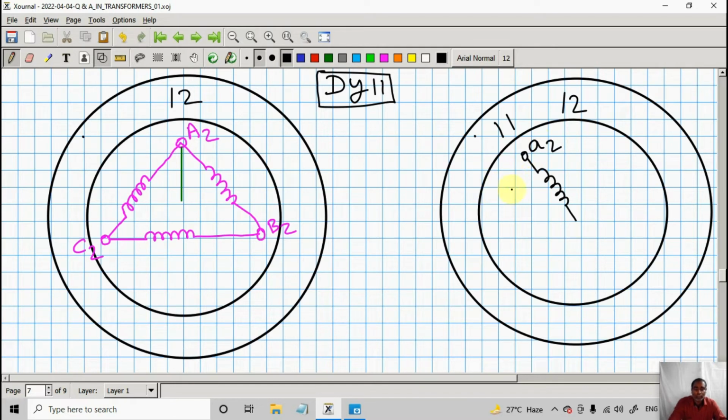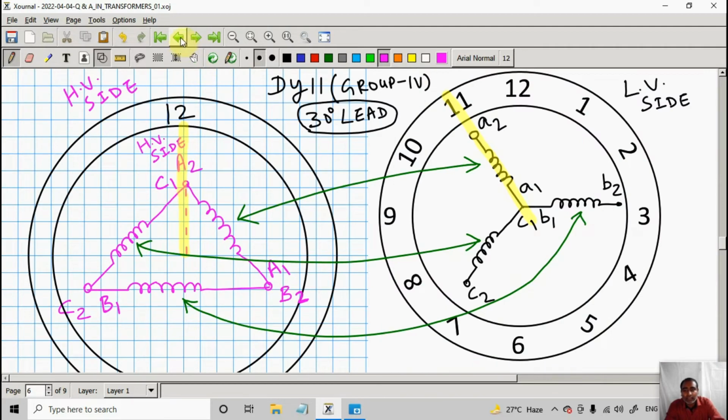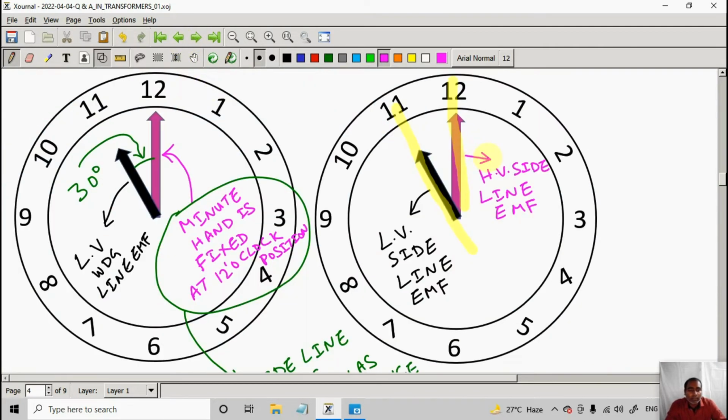You can notice one more point: on the high voltage side also we are starting with the terminal A2. Terminal A2 is pointing towards 12, and you can recall that in the diagram HV side line EMF is pointing towards 12.